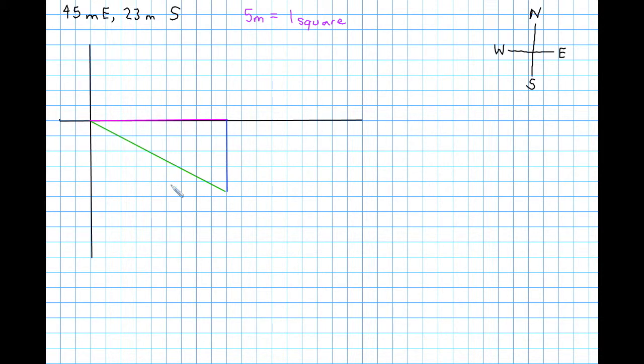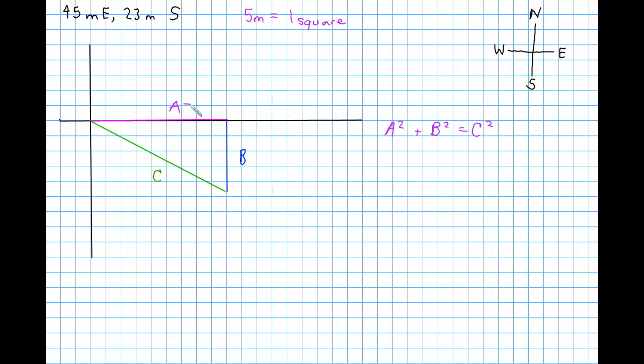So I can do that, and I found it. Now, if I want to figure out the length of my hypotenuse, I'm going to call it C, and then I'll call this top part A, and this going south part B. Then I'm going to use my Pythagorean Theorem. So that's A squared plus B squared equals C squared.